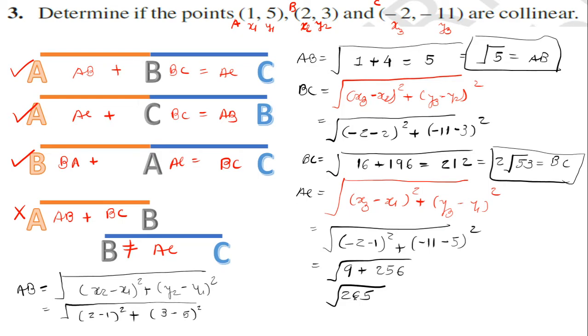If you want to find the square root of 265, let me do the calculation here. 265 is divisible by 5, so 5 times 53 is 265.